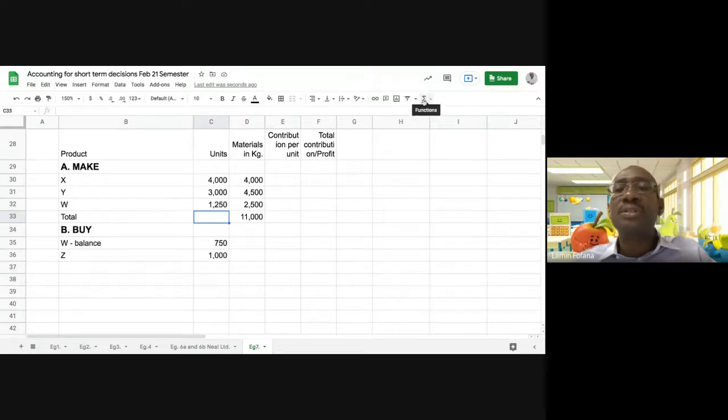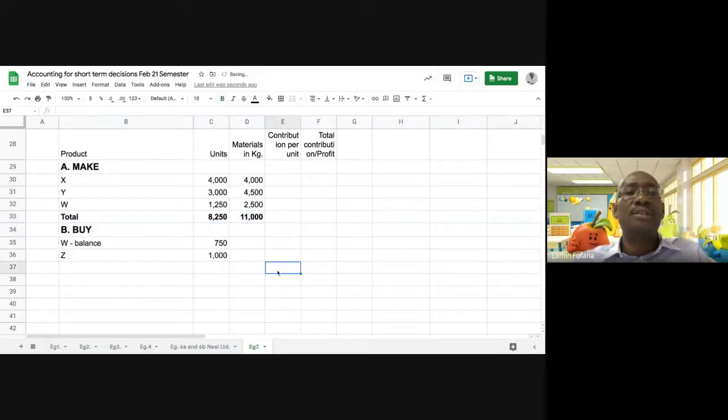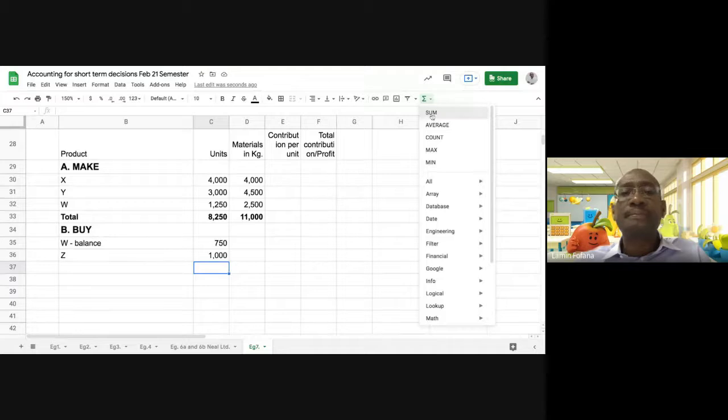So I just do the sum formula here. Our optimal production plan will be to make 8,250 units of X, Y, and W, and 1,750. Let me just do the calculation here as well.